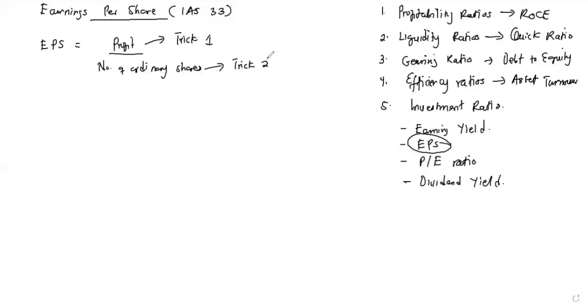What kind of profit do we need to calculate the earnings per share? So there can be a trick with the numerator and there can be a trick with the denominator as well. So you take note of that. The kind of profit that you need to calculate the earnings per share, to address trick one, is the profit after tax and preference dividend. Take note of that.